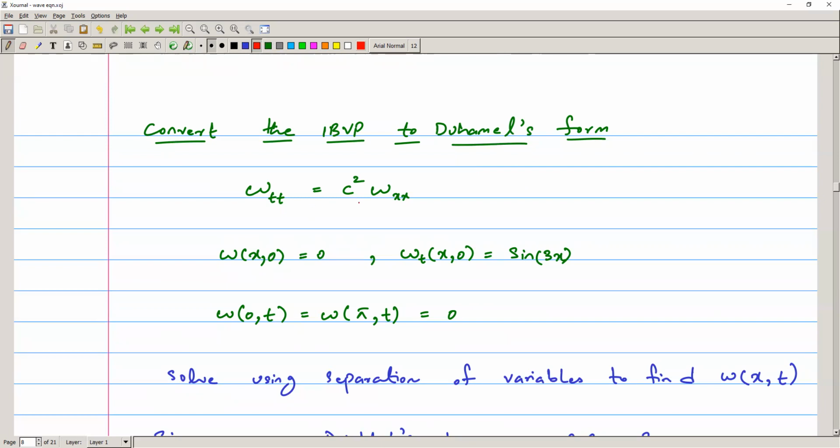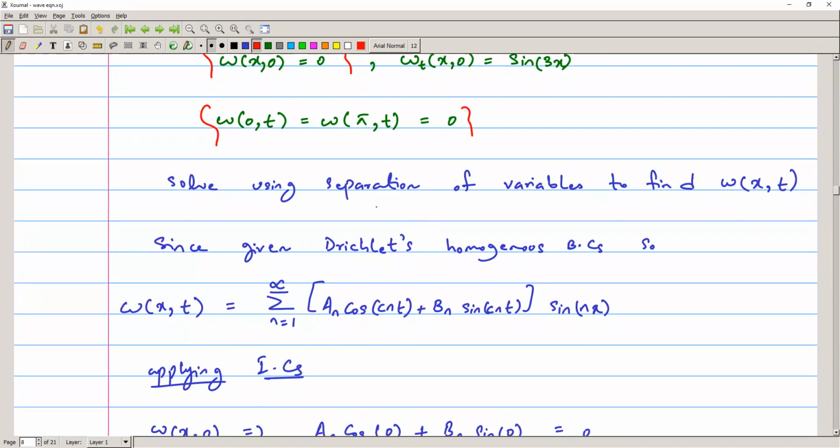So it will be w_tt is equal to c squared w_xx. And the function that was sine 3x now will be converted to the initial velocity, and the boundary conditions are 0, right? And this condition is also given 0 in the equation.